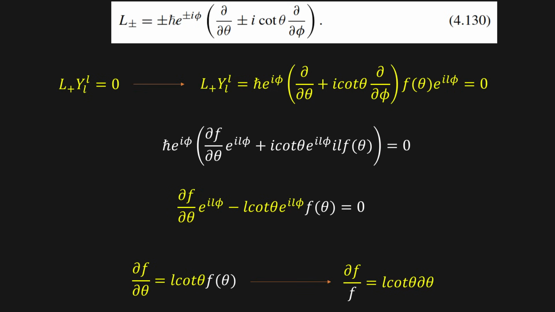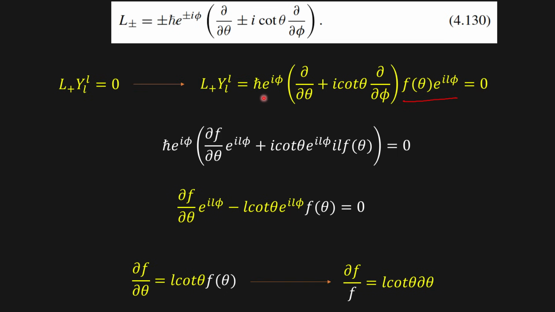In section A, we have seen Y_l^l is equal to f of theta e to the power i l phi. So this is equal to 0.